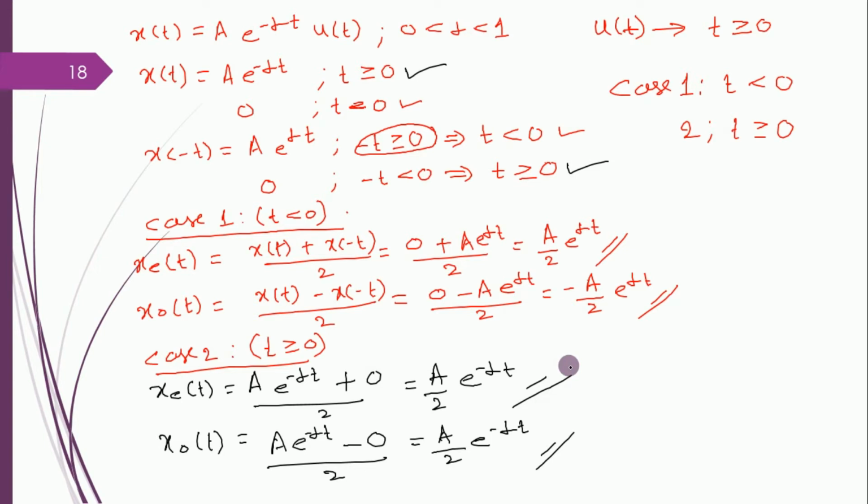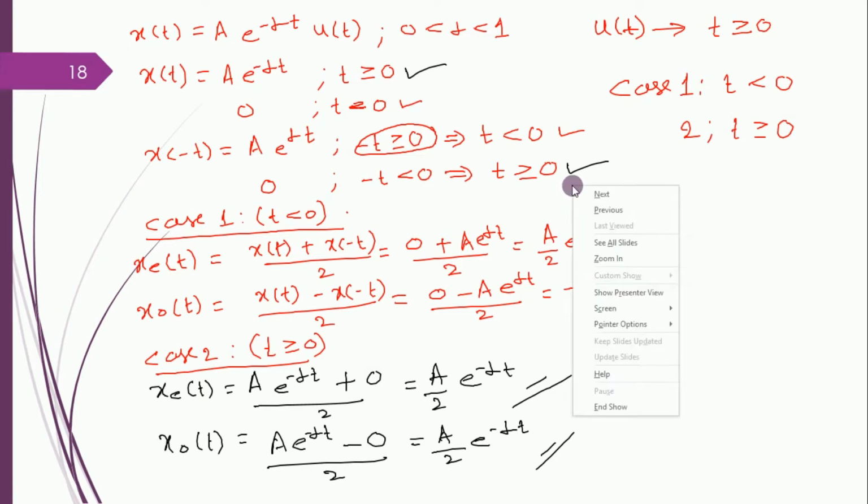Okay. So now we will take one more example. There is one function called a sinc function. So I'll take a blank screen. Sinc function or signal means it looks in this fashion.